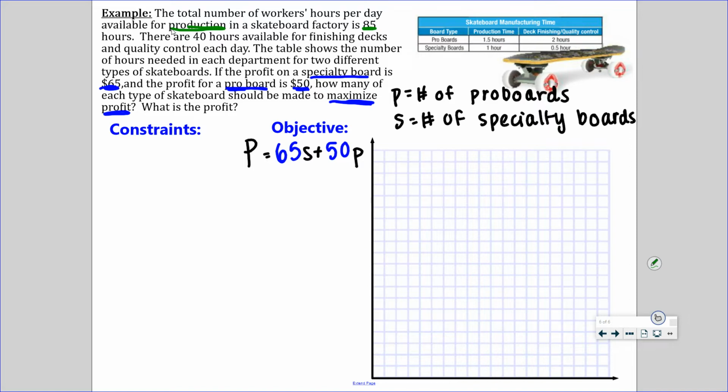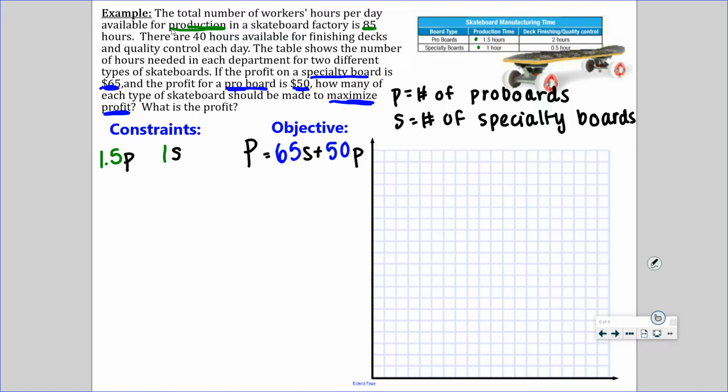So 1.5 for every number of pro boards. All right, and then my production time for specialty boards is just 1 hour times my number of specialty boards. And I only have 85 hours available.